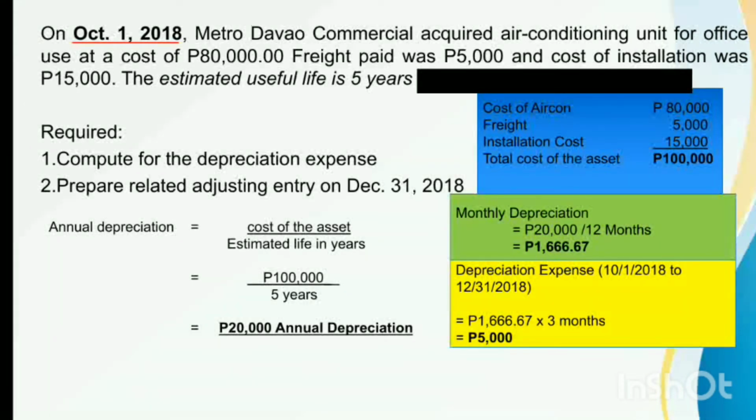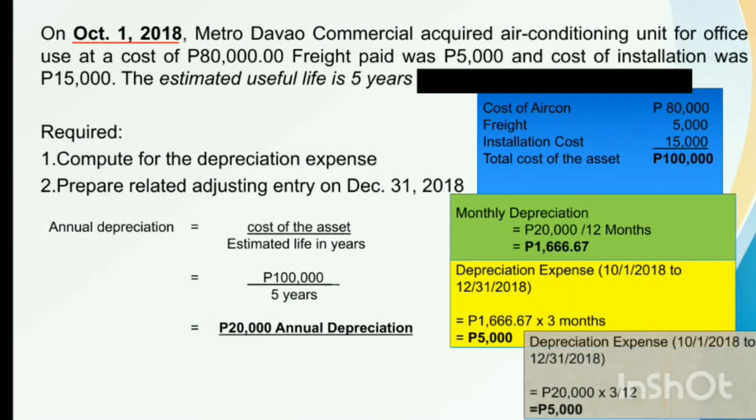The depreciation expense may also be computed in this manner. So we have here the 20,000 pesos annual depreciation multiplied by the fraction 3 over 12. So 3 refers to the number of months from October 1, 2018 to December 31, 2018. And then the 12 refers to the number of months in a year.